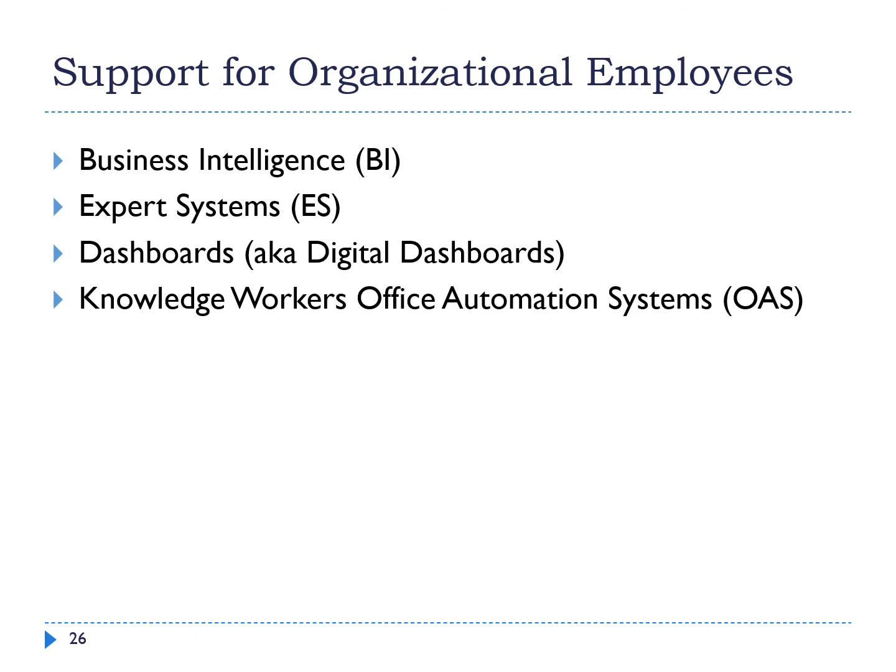Information systems also support particular employees within the organization. For example, business intelligence systems can support middle managers and knowledge workers to solve complex business problems and make non-routine decisions.